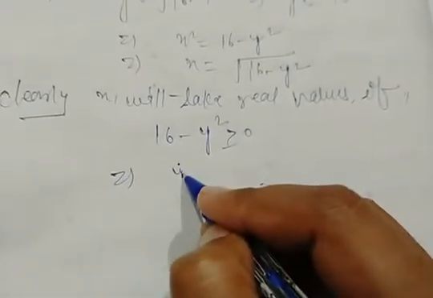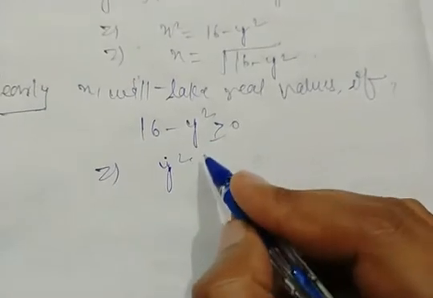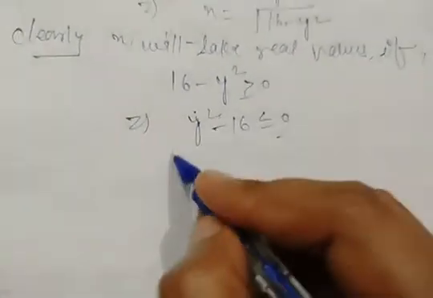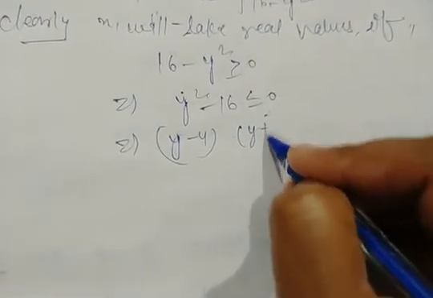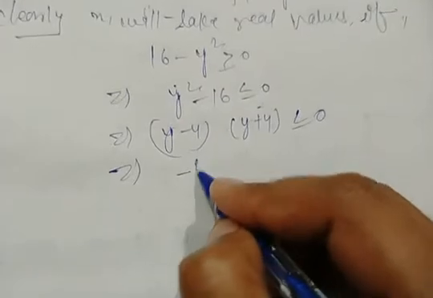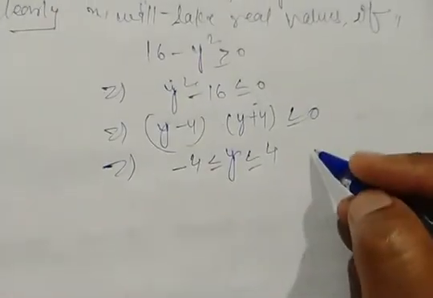That is, y square minus 16 less than or equal to 0. That is, y minus 4, y plus 4 less than or equal to 0. This can also be written as minus 4 less than or equal to y less than or equal to 4.